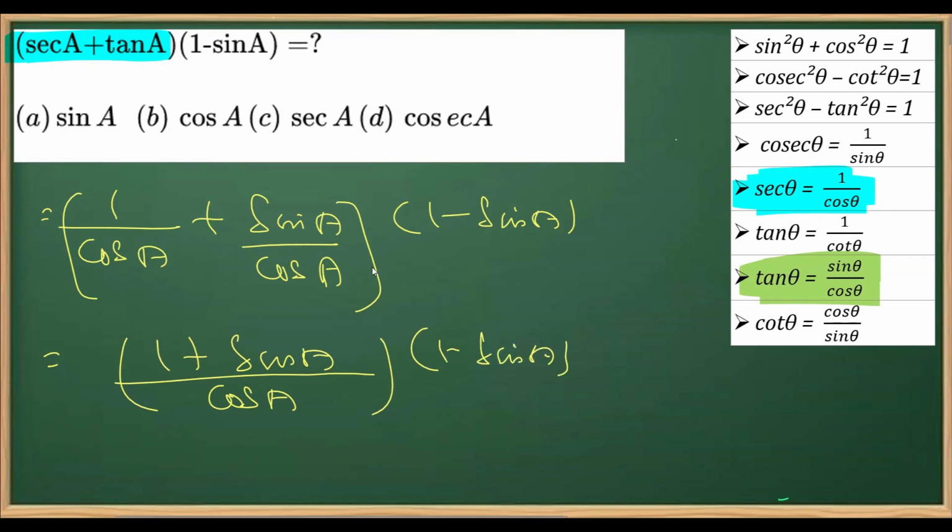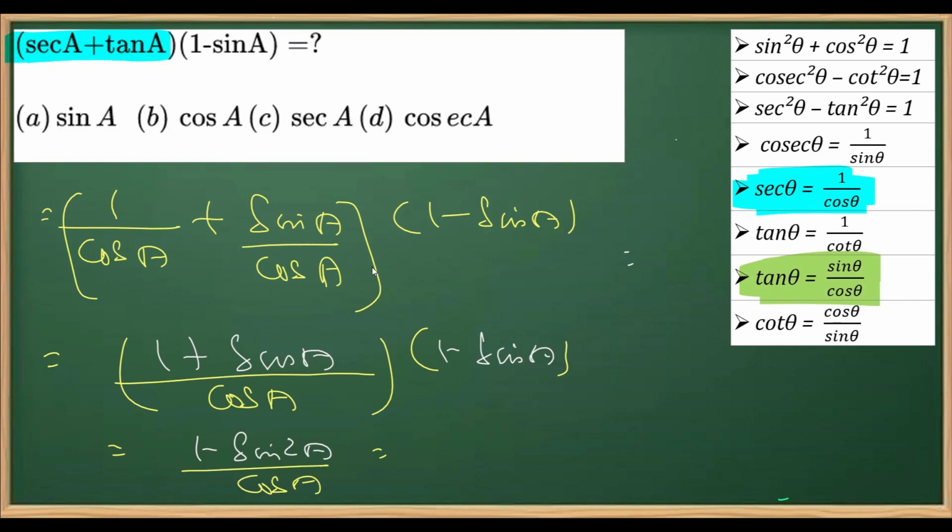So now I'm going to multiply 1 plus sine A with 1 minus sine A, using the idea that (a plus b) into (a minus b) is a² minus b². So 1 plus sine into 1 minus sine will be 1 minus sin²A, divided by cos A. What is 1 minus sin²?